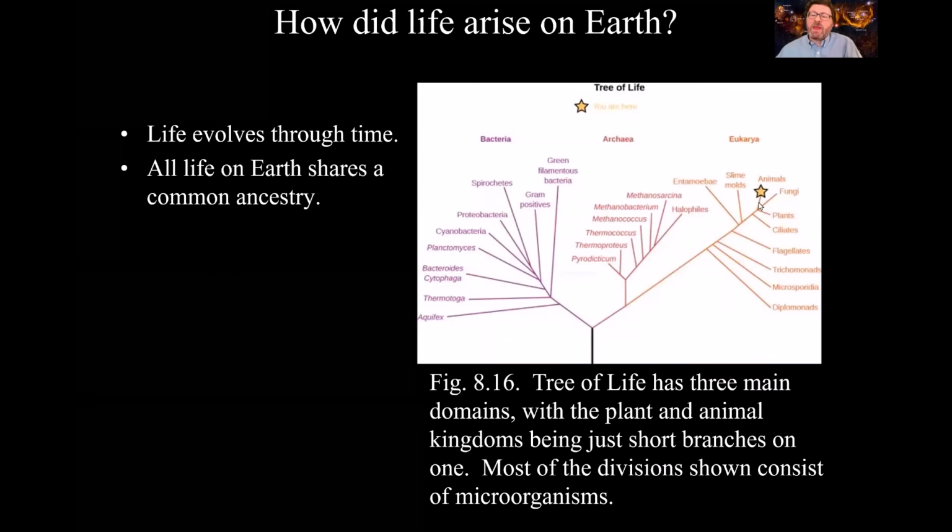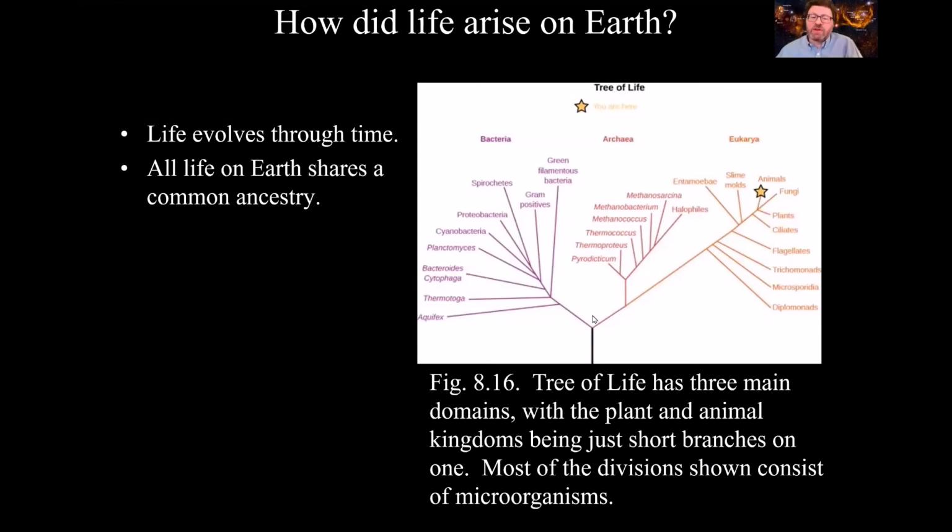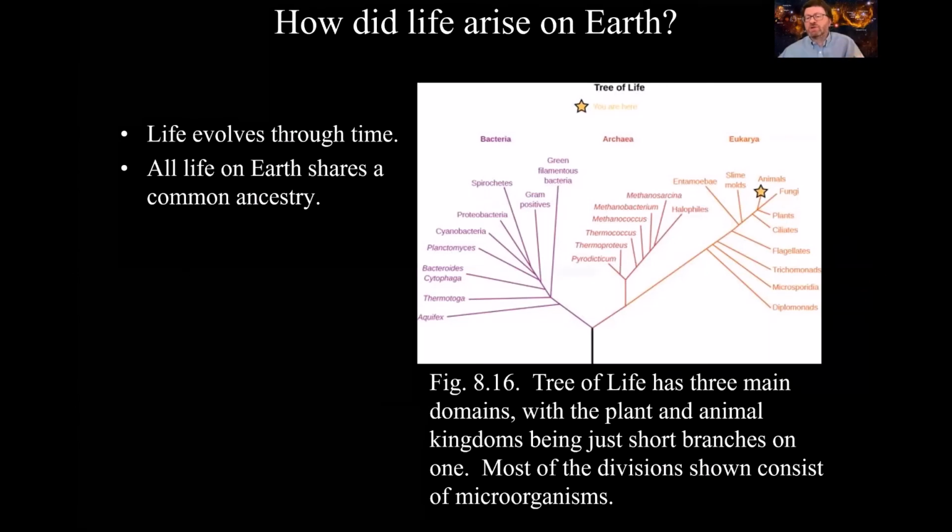And so as you go closer and closer to this base of the tree of life, you are looking towards that common ancestor. And the idea is that life must have formed in some simple way, some microorganism that then through time evolved into these main different branches, ultimately ending with us, the humans, the Homo sapiens, as well as all the others.